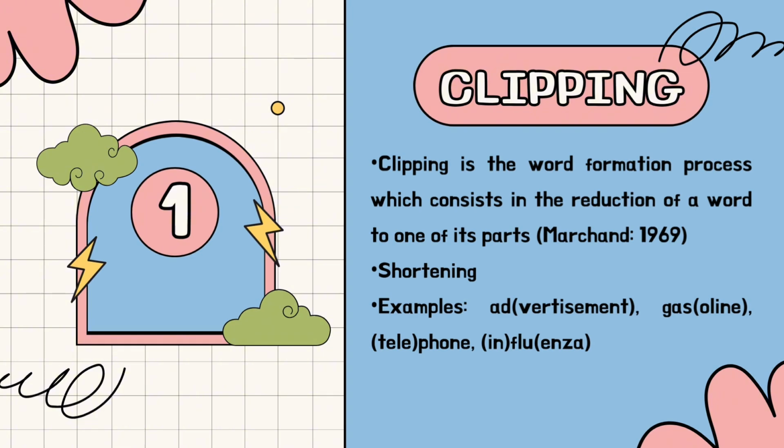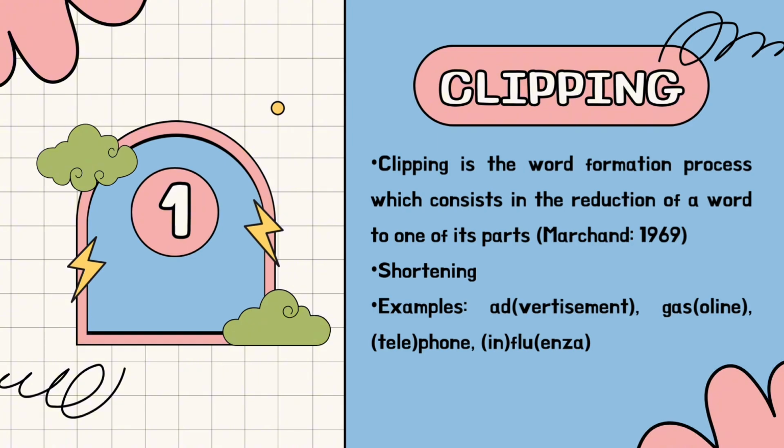The example is advertisement, usually shortened into the word ad, and then gasoline, usually shortened into the word gas, telephone, shortened into tele, and influenza, shortened into flu. I hope it is not difficult to understand clipping, everyone.